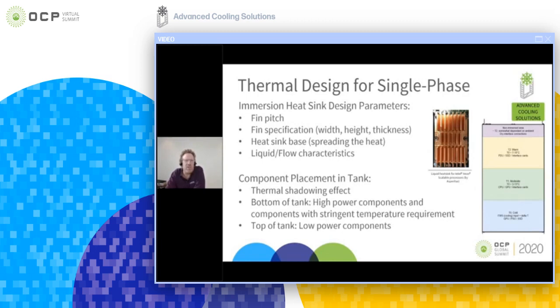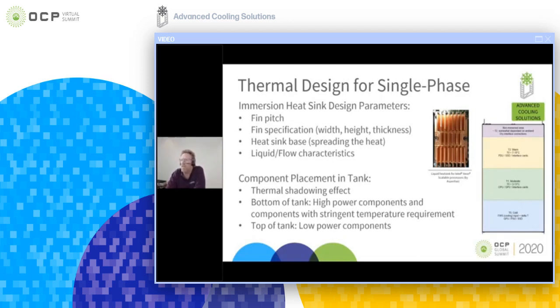There's also a temperature gradient running through a vertically oriented chassis inside an open bath single-phase immersion technology. The lowest point in the bath will usually have the lowest temperature, whereas the highest point in the liquid will carry the highest temperature. Simply put, warm liquid wants to move upwards.